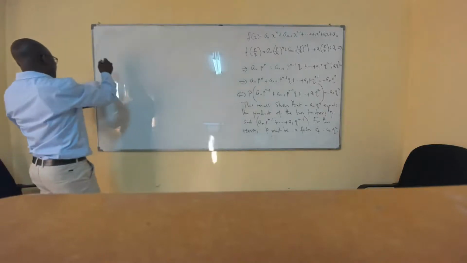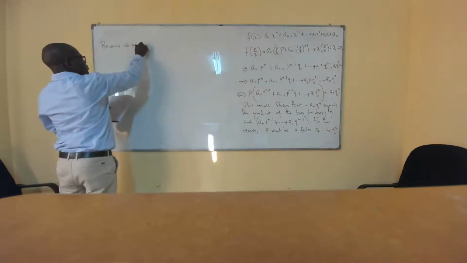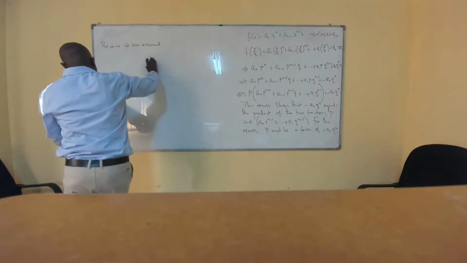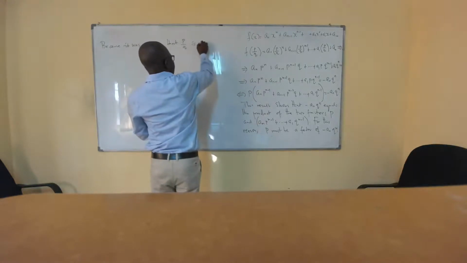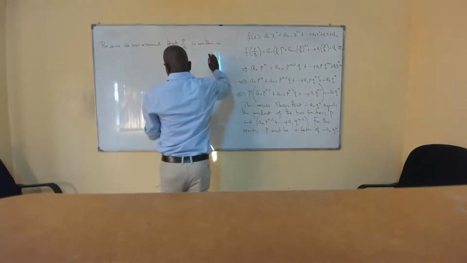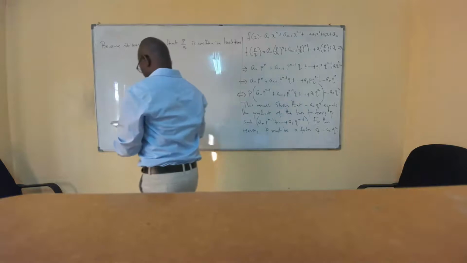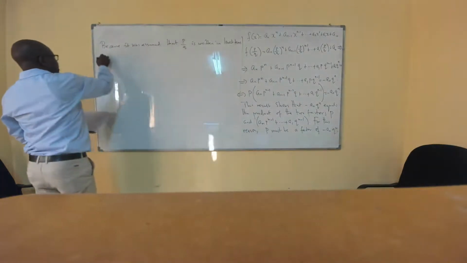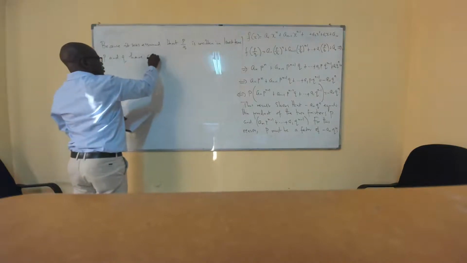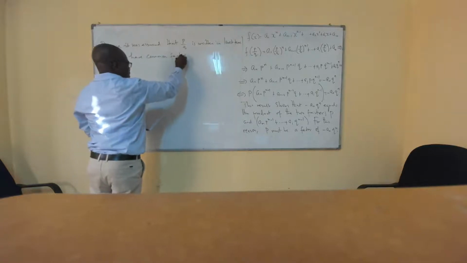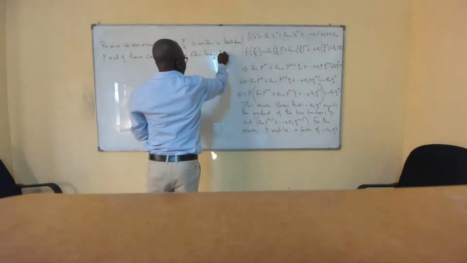Okay, so because it was assumed that p over q is written in lowest terms, p and q have no common factors other than 1.